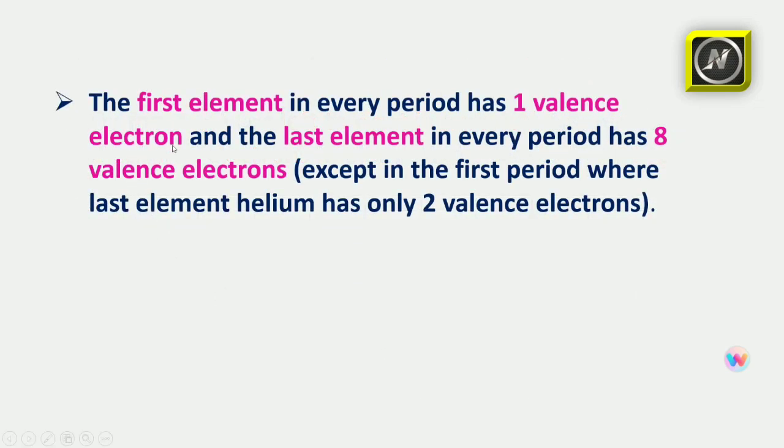The first element in every period has one valence electron, and the last element in every period has 8 valence electrons.